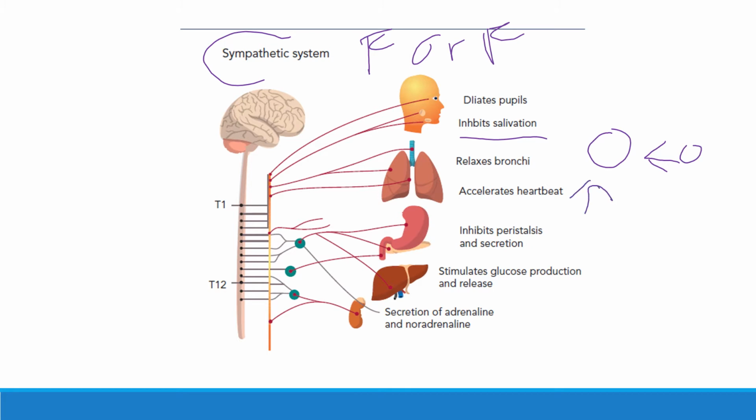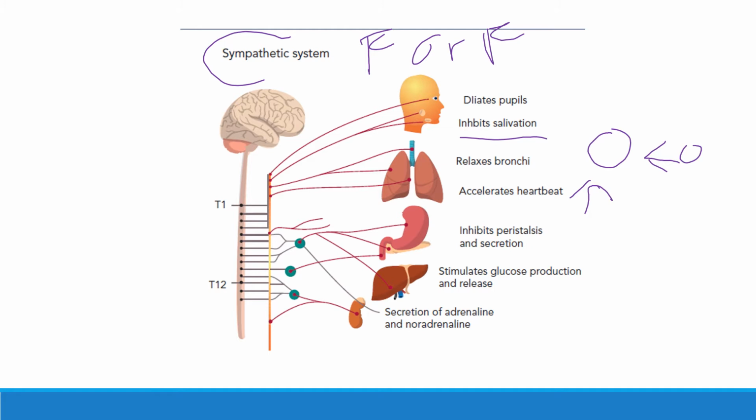We're going to increase our heart rate, and that's to help our stroke volume. It's to help our cardiac output, right? Heart rate and stroke volume will both increase, and that really helps circulate the blood so we can get metabolic waste out of our tissues much faster, so we could run faster without getting tired and get away from that threat. So that's going to be our acceleration of our heartbeat and relaxation of our bronchi.